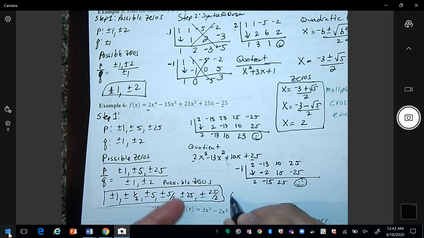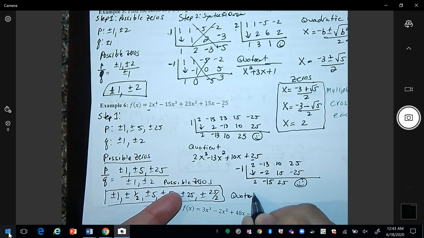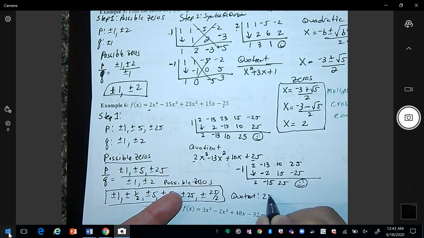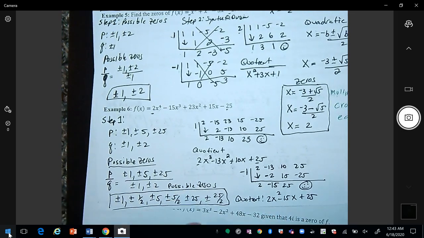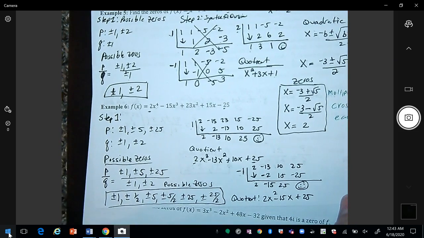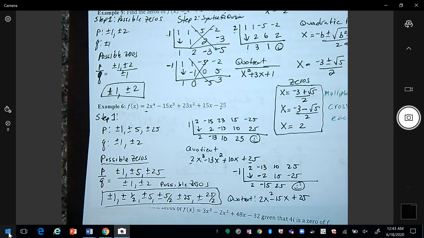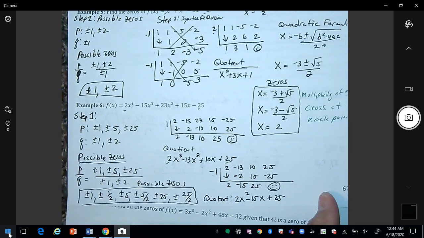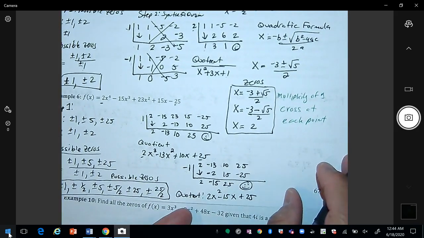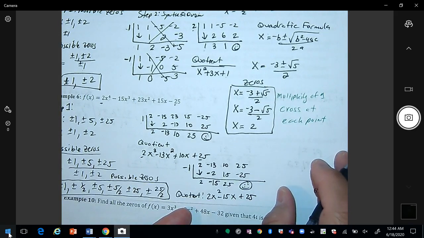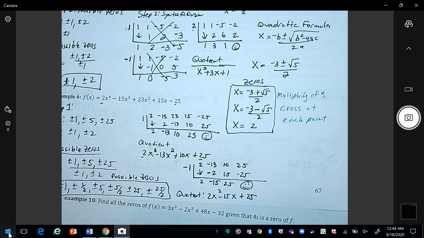And so now my quotient would be 2x squared minus 15x plus 25. Okay, so now we can use the quadratic formula here, or we can try to factor. So let me get another sheet of paper so we can have more space.